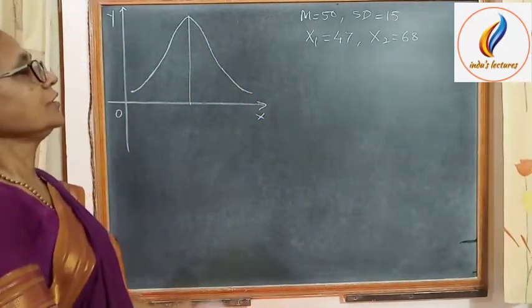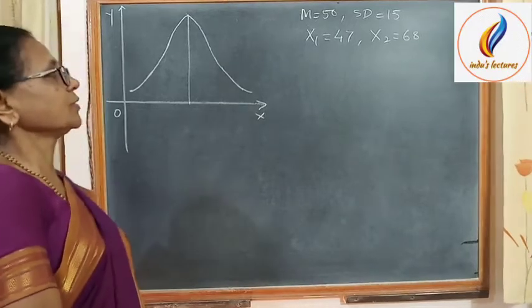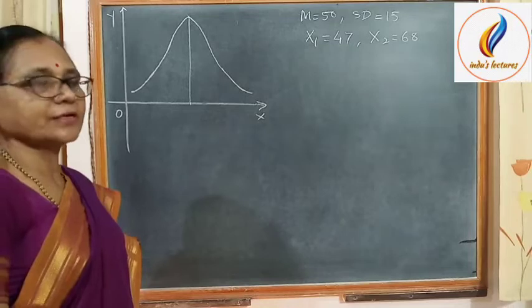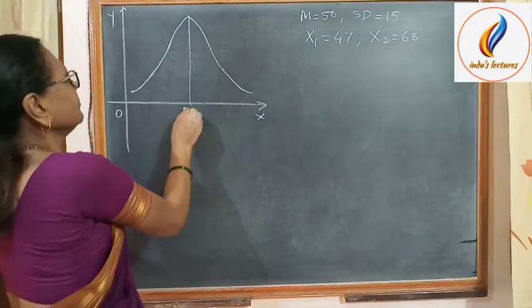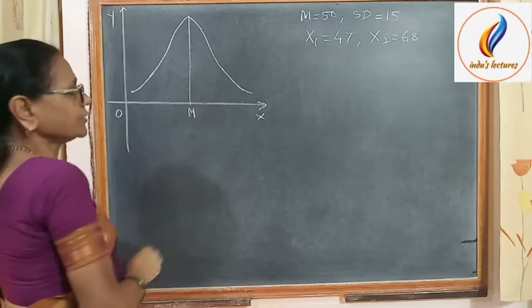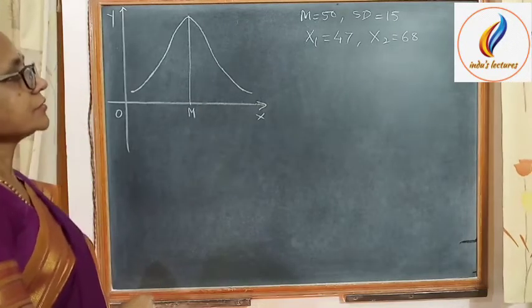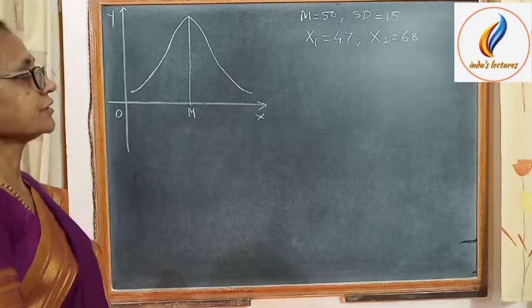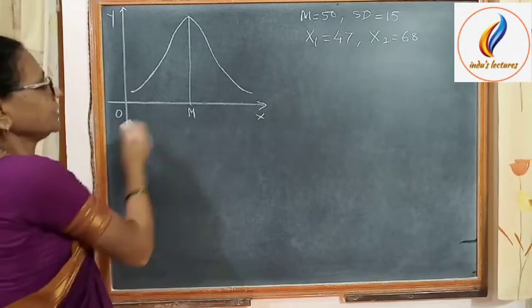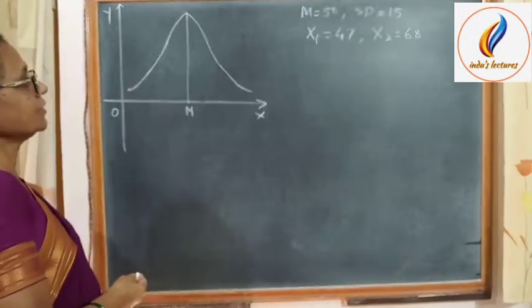Now the mean of the distribution is 50. Let us consider this graph, the normal probability curve. So here is the mean, that means 50, and this score x1 is 47, so it is on the left side of the mean.